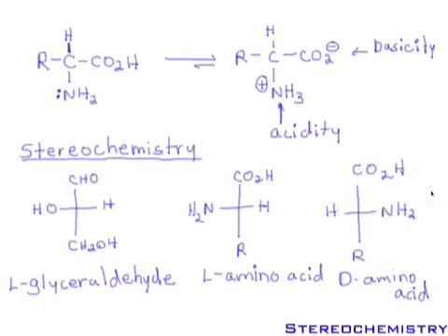So, there you have it. Although we typically work with L-amino acids in biological systems, there are examples, although they are rare, of D-amino acids that are important. And their discovery is certainly going to probably continue in the future.